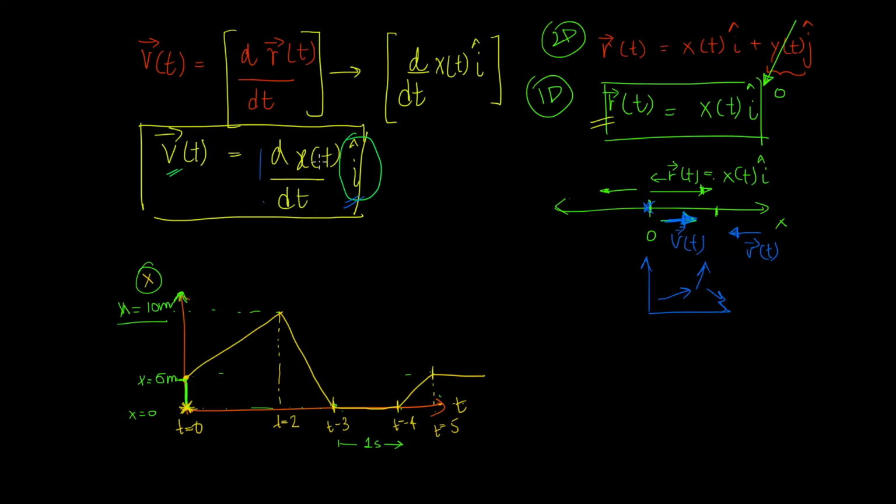What about the magnitude? The magnitude is given very simply as the derivative of the x function with respect to time. Now, what is this x function with respect to time? This function basically answers the question, what happens to the x coordinate when we vary time?